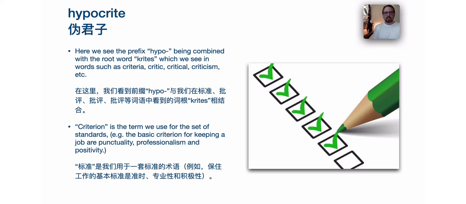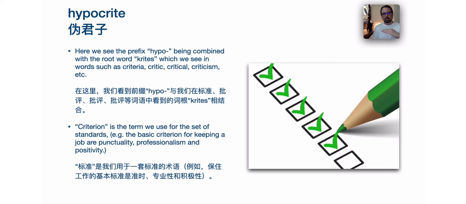Criterion is the term we use for a set of standards. For example, the basic criteria for keeping a job are punctuality, professionalism, and positivity. So with criteria and critical or criticism, there is a standard by which things are judged, right?